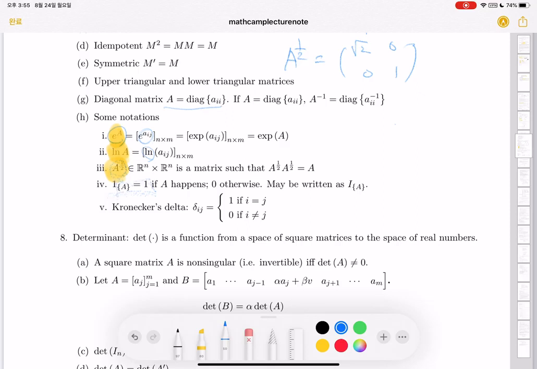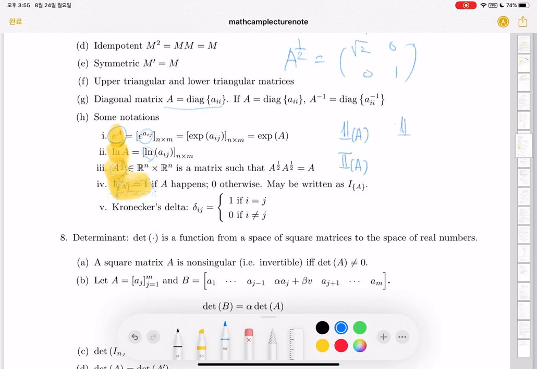This notation here means an indicator function. So I may use 1_A or I_A.